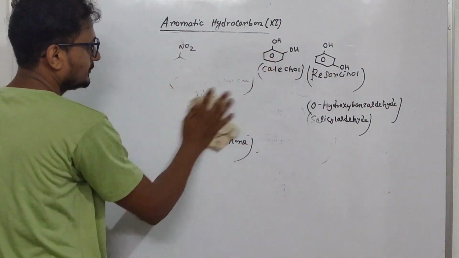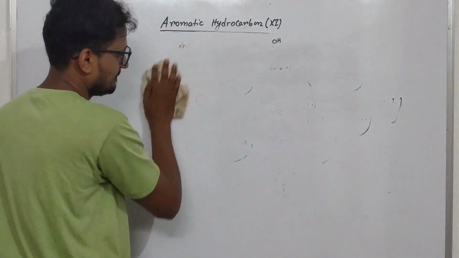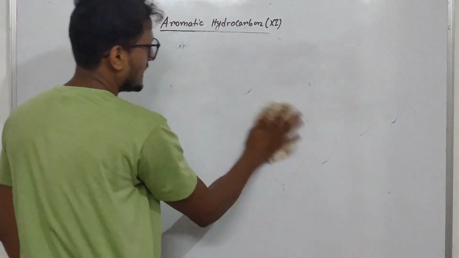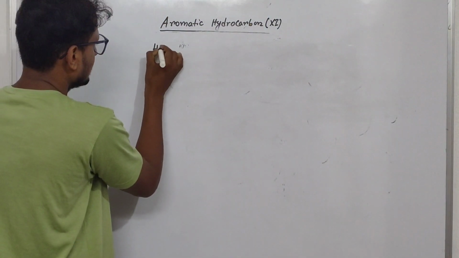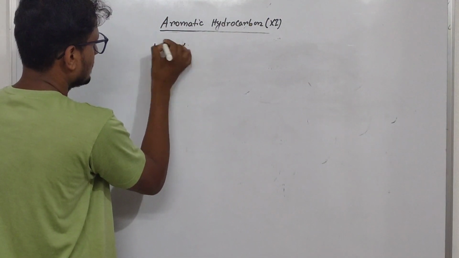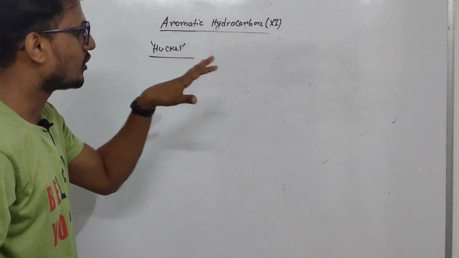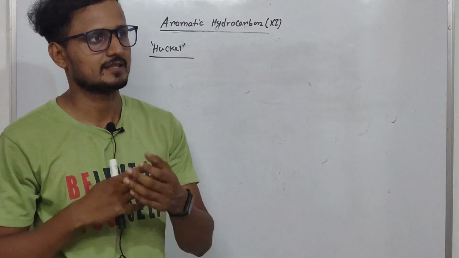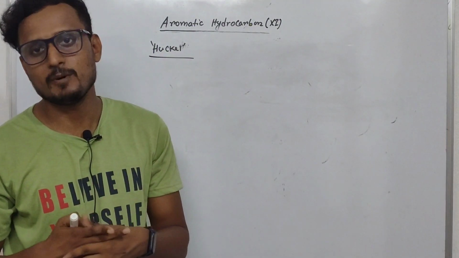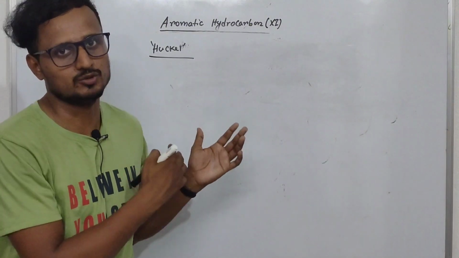Now we'll discuss aromaticity, anti-aromaticity, and non-aromaticity. One famous scientist, Huckel, said that the compounds which are aromatic have a particular nature, and those compounds will be exceptionally stable if they follow these rules.